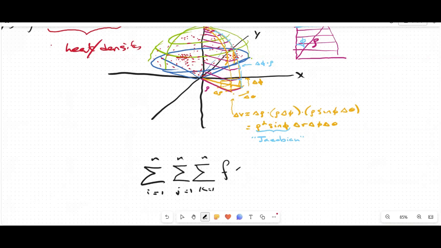We're going to sample points, a rho i, a theta j, a phi k, and then we're also going to have to remember to multiply in this rho i squared sine of phi k, and then delta rho, delta theta, delta phi.